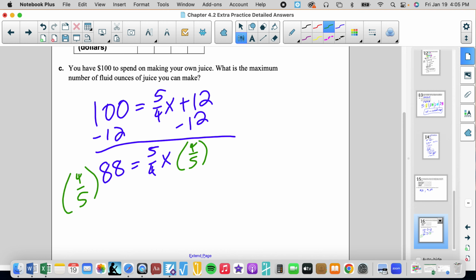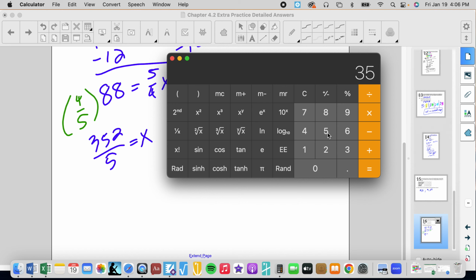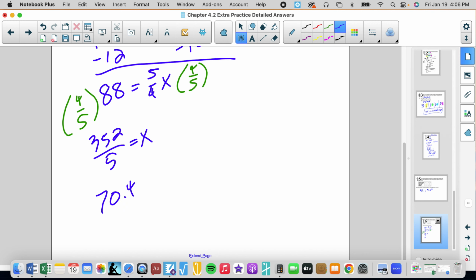Why is it ugly? Because they're not going to be able to cross cancel, and we like cross canceling. So 352 over 5 equals x. Let's do 352 divided by 5, which gives me 70.4, and this is the number of ounces.